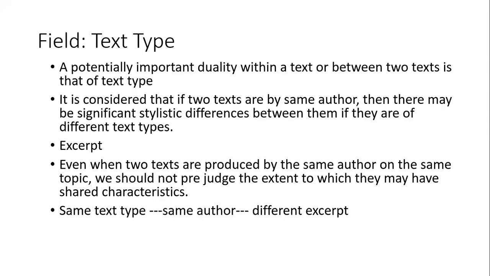So if, god forbid, someone is committing suicide and that person is writing a suicide note, the same person, when asked by a teacher to write a suicide note just for the class assignment, would be completely different. So in these two different settings, the field is different and it may create two different text types.